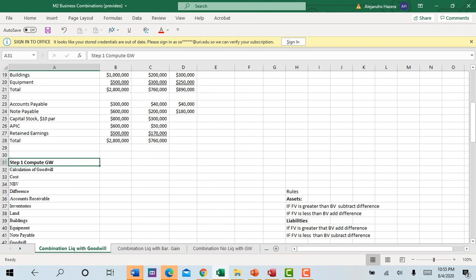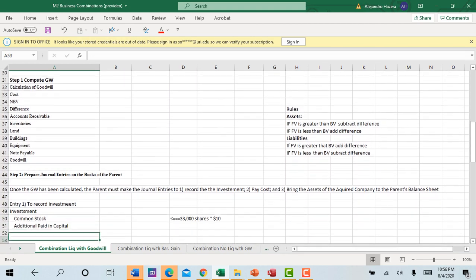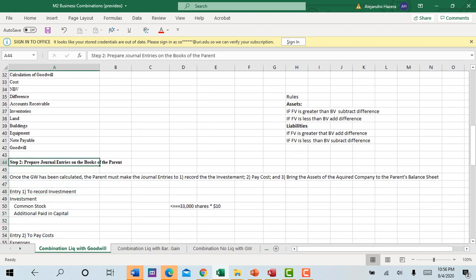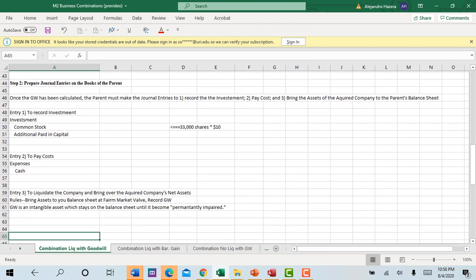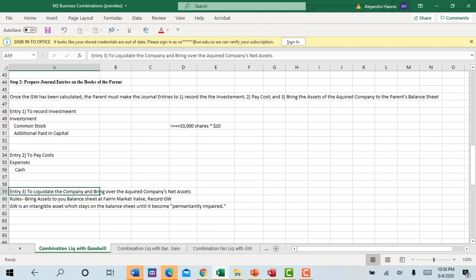You have to do a valuation and see if you come up with goodwill or a bargain purchase gain. Okay, then we're going to prepare journal entries on the books of the parent. There's going to be three entries. One to record the investment. Next one is to pay the cost. Those are easy. But the key one is going to be to liquidate the other company.